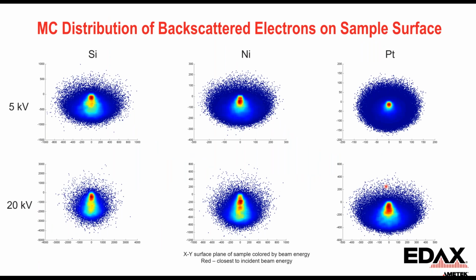And so to show this on the surface of the escape, this is a chart showing the backscattered electrons that are escaping a tilted surface from a Monte Carlo simulation as a function of energy and a function of position on the surface. So the 0,0 point is where the beam enters, and the warmer the colors, the closer to the incident energy that's being represented.